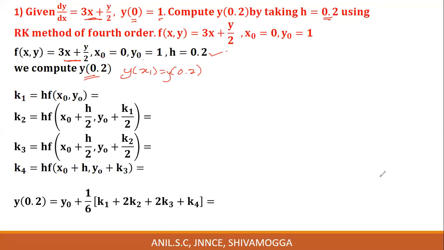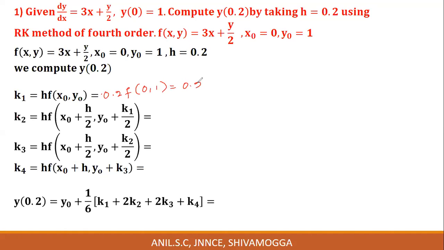To compute y of 0.2, four components are required: k1, k2, k3, and k4.